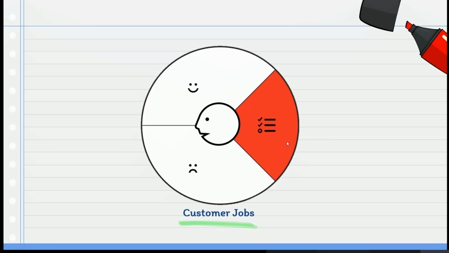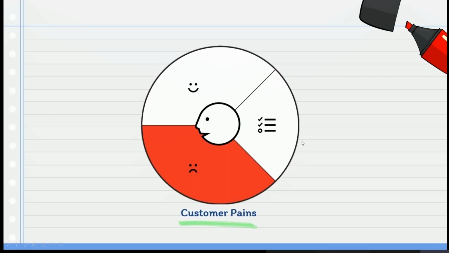If we move to the second part of our customer profile, which is customer pains. Here, what do you need to do? You need to list the pains that people experience in getting their jobs done. Maybe while they are working on specific things, maybe during the project or after trying to get the job done. You also need to include the risk of bad outcomes in getting the job done.